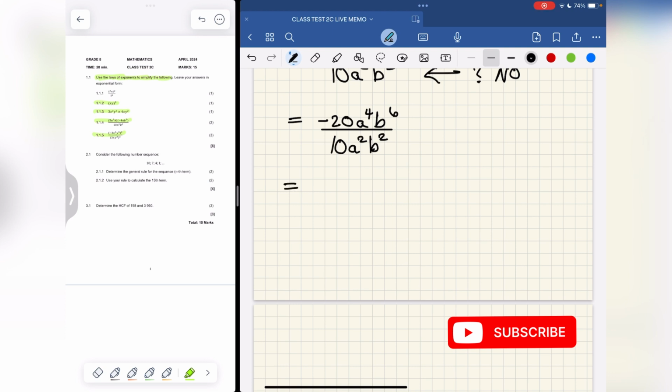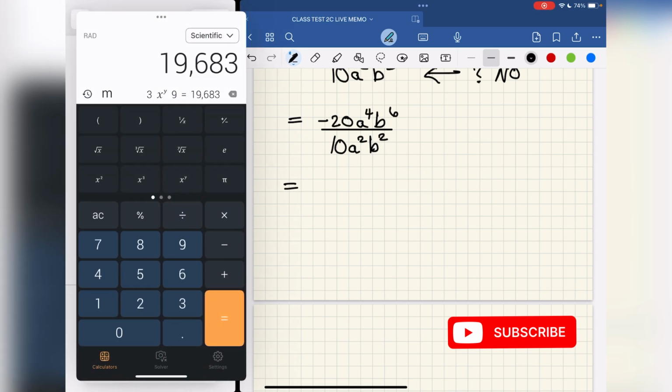Please, I've noticed a lot of mistakes being made with these divisions. So please just use your calculator if you're uncertain, because sometimes you think that this must be a fraction, and some of you write 1 over 2 or negative 1 over 2 and all kinds of weird stuff.